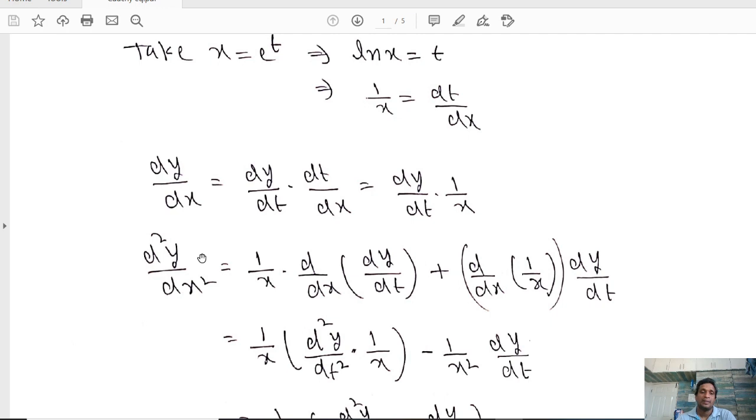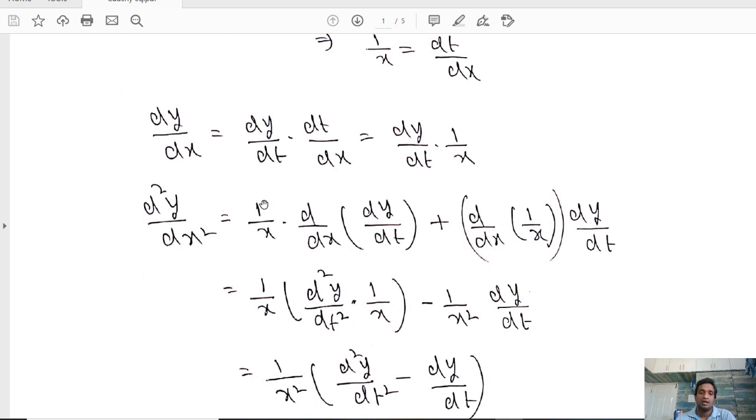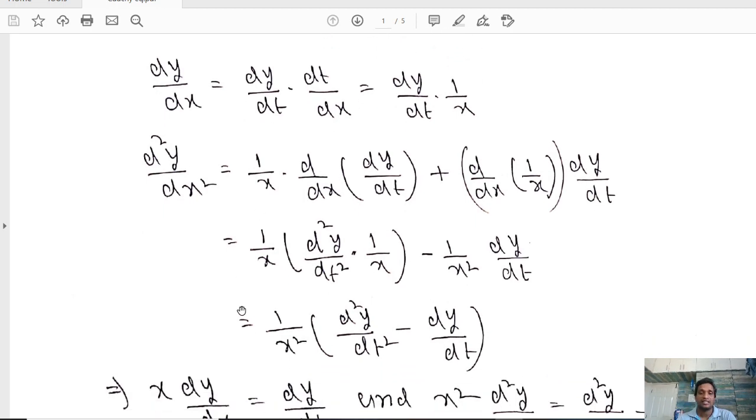Next, d square y by dx square. It is a product function. So first we differentiate this term, that is 1 by x into d by dx of dy by dt, plus d by dx of 1 by x into dy by dt. In the first term, 1 by x stays as it is.